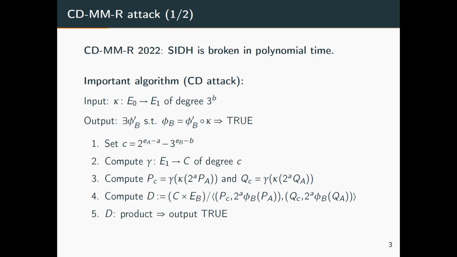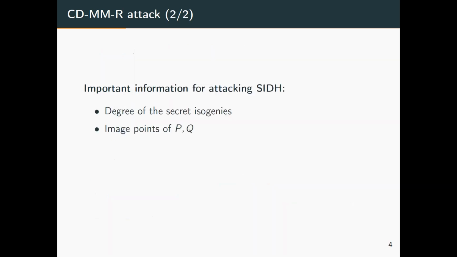The important part is, first, line 1, where we use the information of the degree of the secret isogeny. The second part is in line 4, where, to generate the kernel of this isogeny, we use the torsion point images. So there are two pieces of information used in this attack.